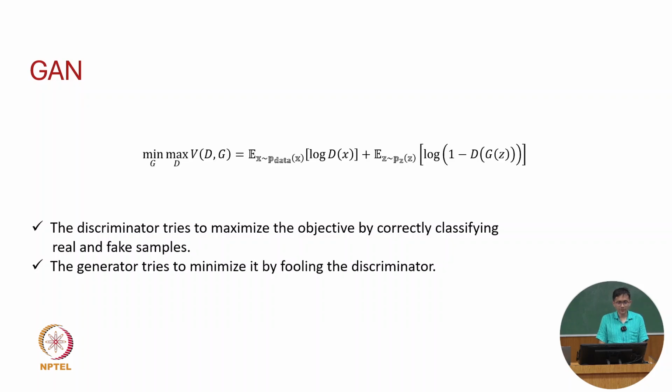You see here the objective function we are maximizing with respect to the D, whereas the generator in this case is trying to minimize this objective function by fooling the discriminator, and we see the objective function we are minimizing with respect to G.